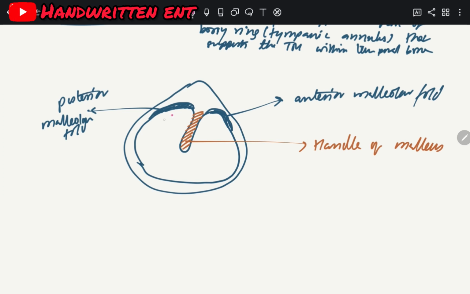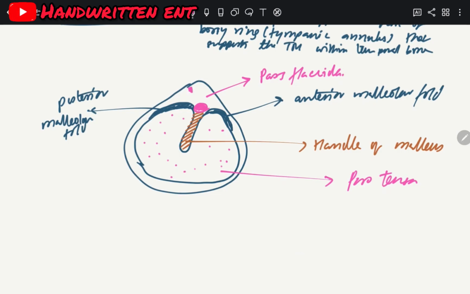This entire part is the pars tensa. This part above the lateral process. So this is the lateral process of malleus. So the part present above the lateral process of malleus is pars flaccida, and this is situated between the notch of Rivinus. So this is the notch of Rivinus and the anterior and posterior malleolar folds.